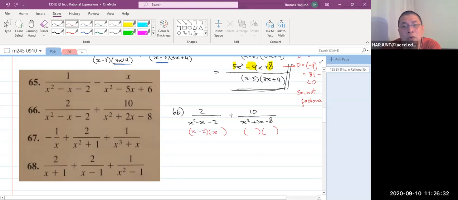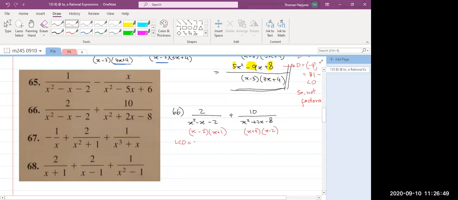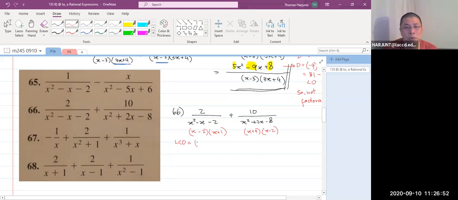This is (x minus 2)(x plus 1), and this is (x plus 4)(x minus 2). So the LCD will be what? Not the common factor, but the least common multiple. You need an expression that is a multiple of this one and also of that one. Then it will be (x minus 2)(x plus 1)(x plus 4).